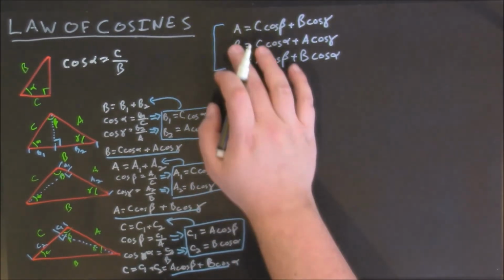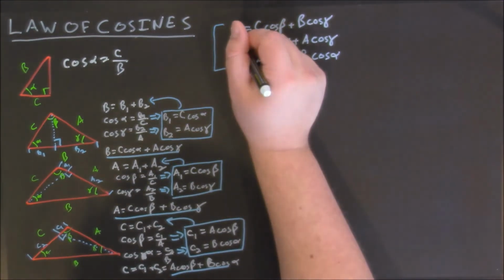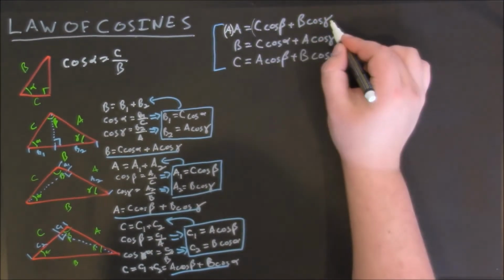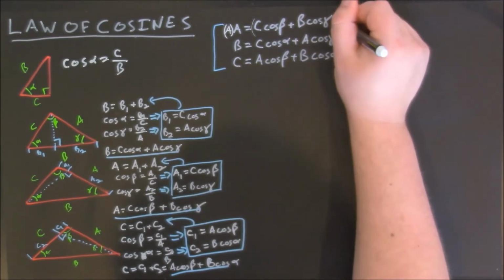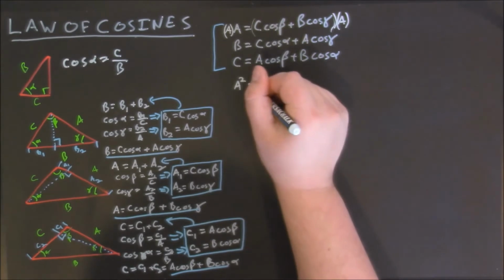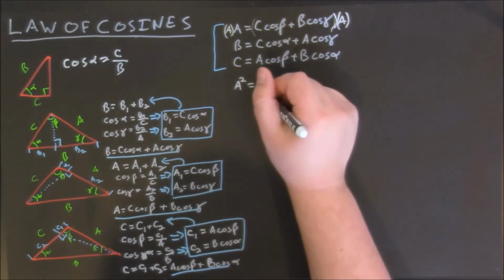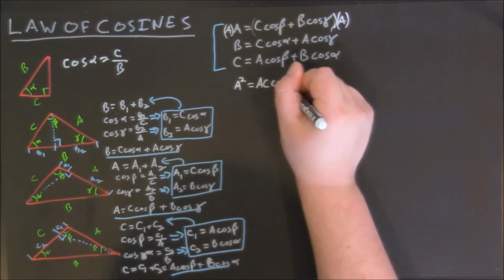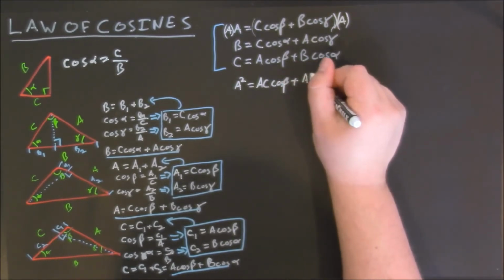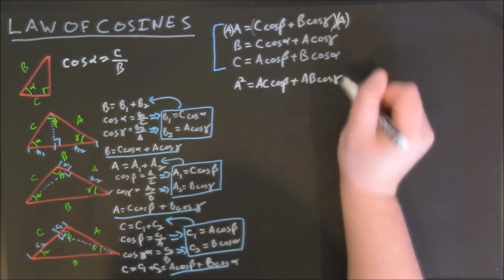We're going to start with the first equation for A, and we're going to multiply it on both sides by A. So we get that A squared is equal to AC cosine beta plus AB cosine gamma.